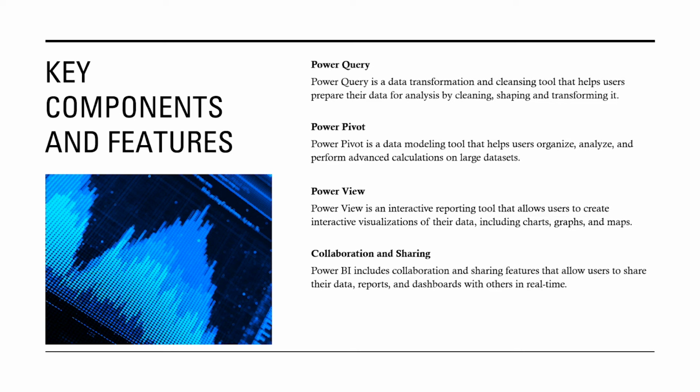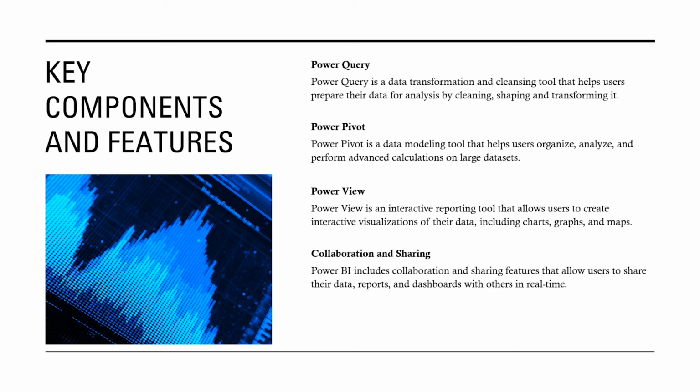So a few key features that go along with the building blocks we just talked about are Power Query, which is your data transformation and cleansing tool. It helps you transform, clean, shape, and prepare your data from multiple data sources and then load it into Power BI. You can also use the Power Query editor once you've loaded your data into Power BI to still transform, clean, and shape your data.